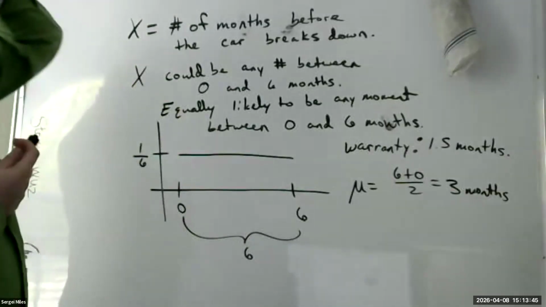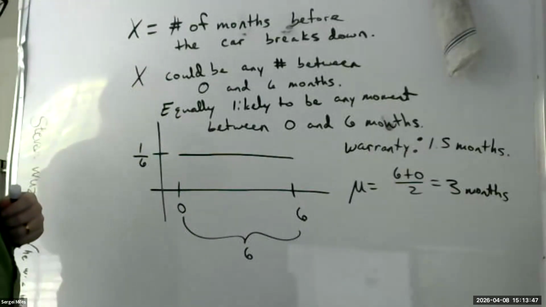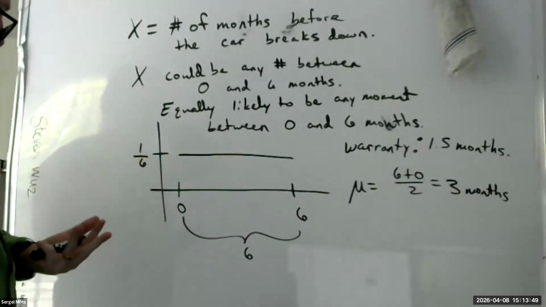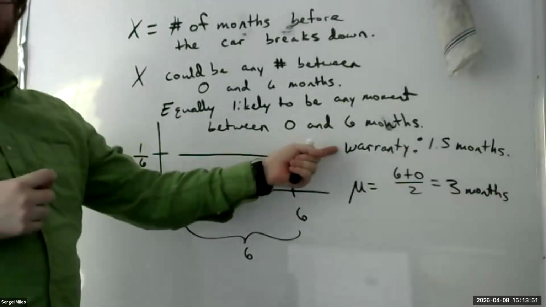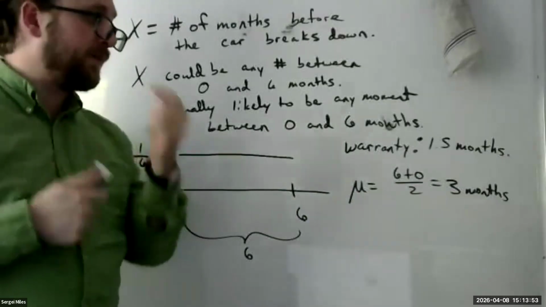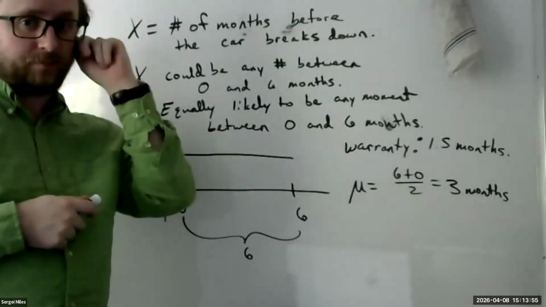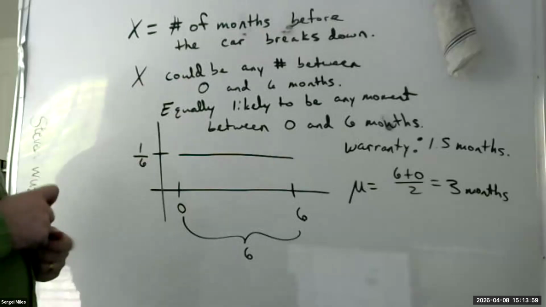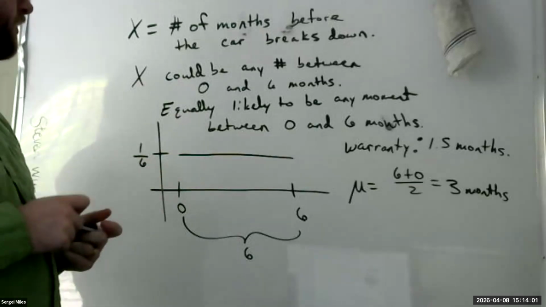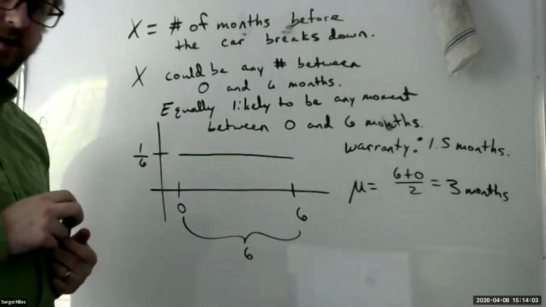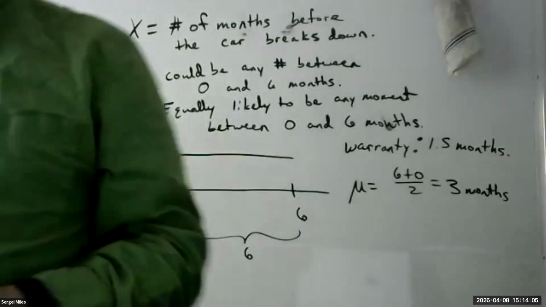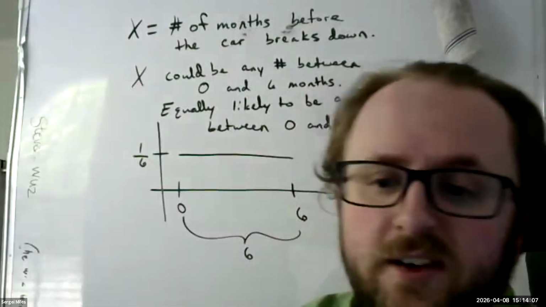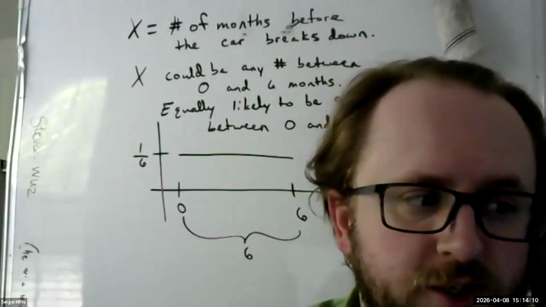All right. So his warranty makes sense in terms of his business, but that warranty should not be comforting as far as a potential customer. All right. So we can calculate the average here based on this continuous uniform random variable. All right. This also leads us into today's participation question.